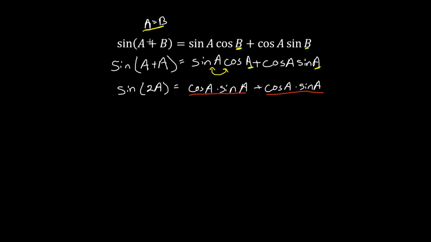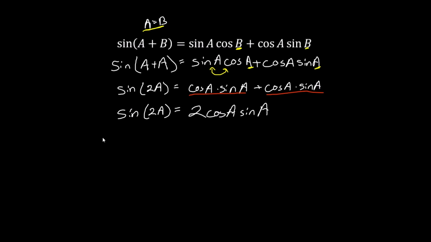Well, again, if you're adding the exact same thing, you're doubling it. We actually have another double on the right-hand side too. It's now 2 times the cosine of A times the sine of A.